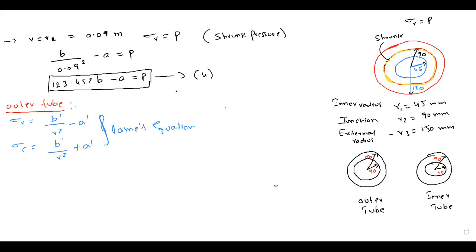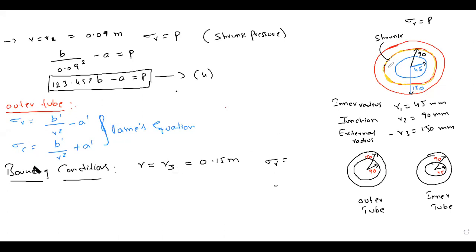Now, what are the boundary conditions for the outer tube? What is the first boundary condition? R is equal to R3. What is radius R3? 0.15 meter. What is the pressure at the outer layer?